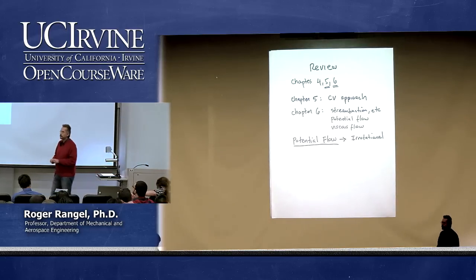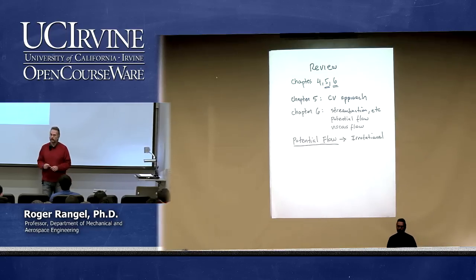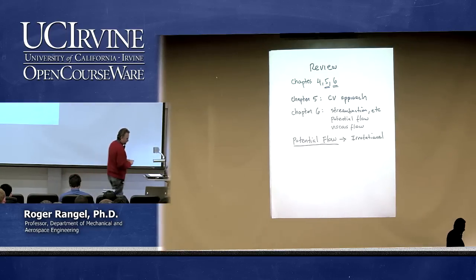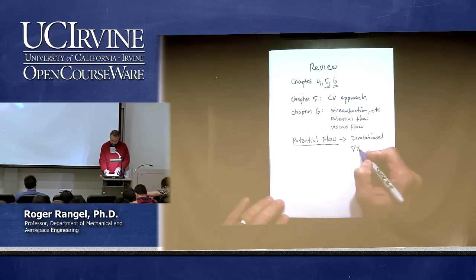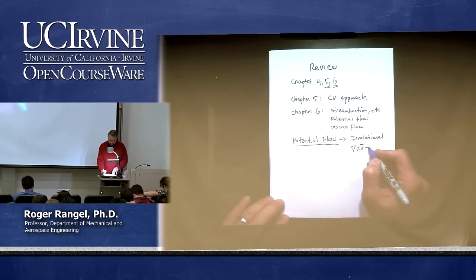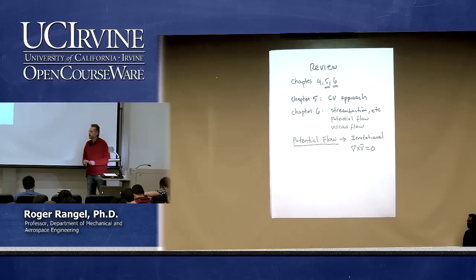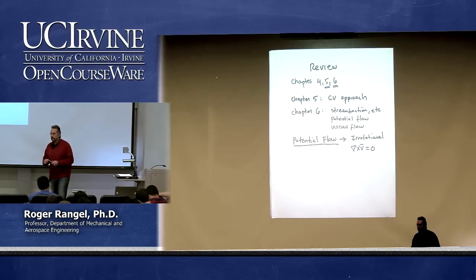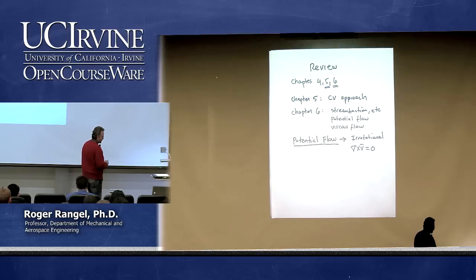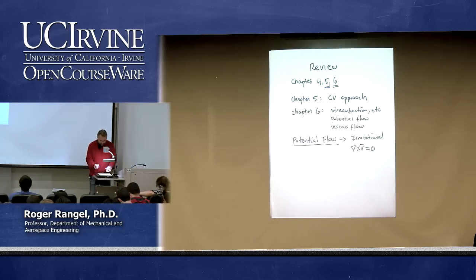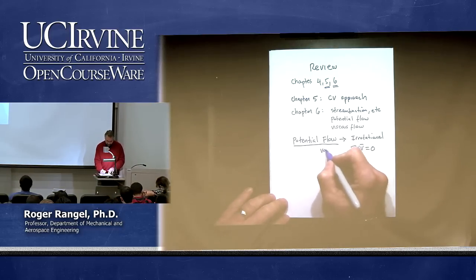So the only requirement for a flow to be potential is that it be irrotational, meaning that the curl of the velocity must be 0. And of course, the curl of the velocity is the vorticity. Right? So the vorticity, which is the curl of the velocity, must be 0.